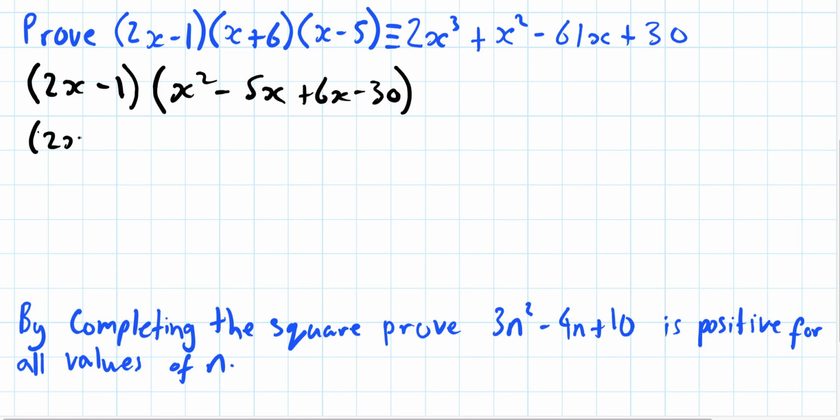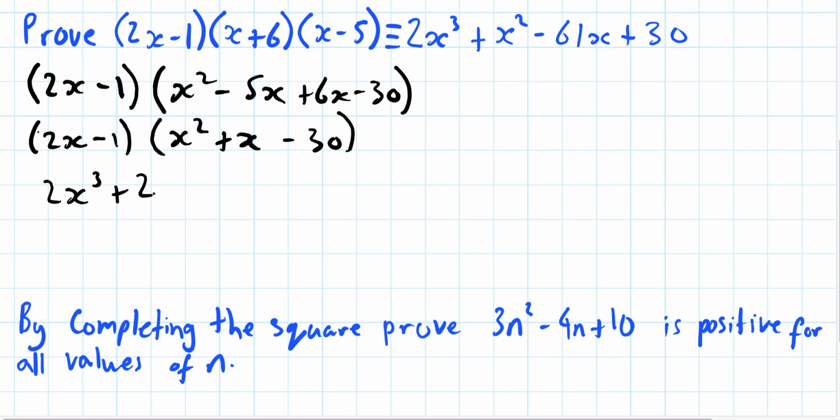That will give me 2x minus 1, just collecting our like terms, times x squared plus x minus 30. And now multiply this out. We have 2x cubed add 2x squared minus 60x minus x squared minus x plus 30.